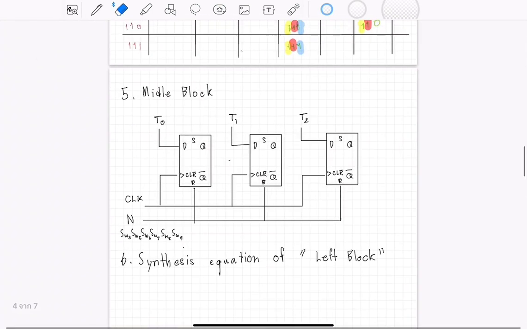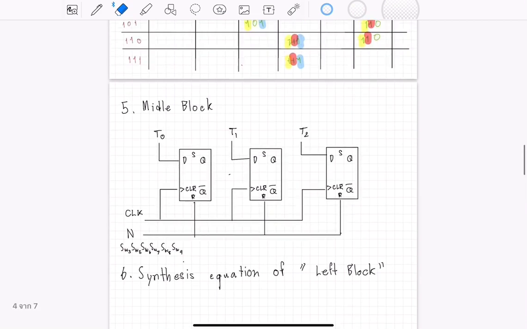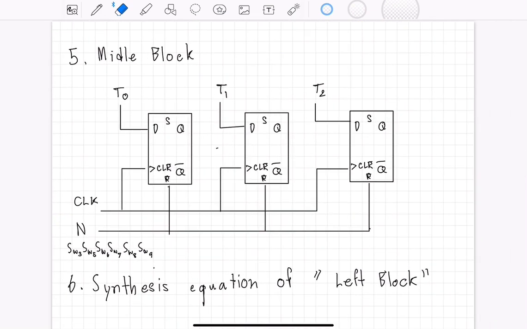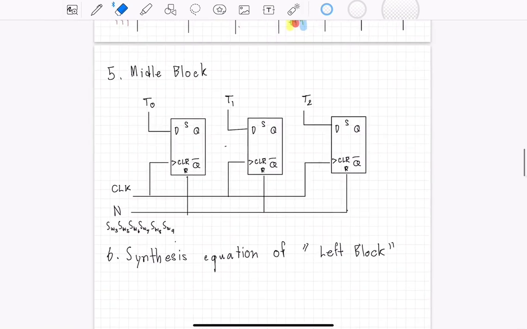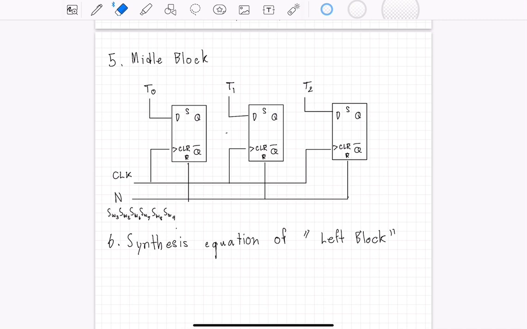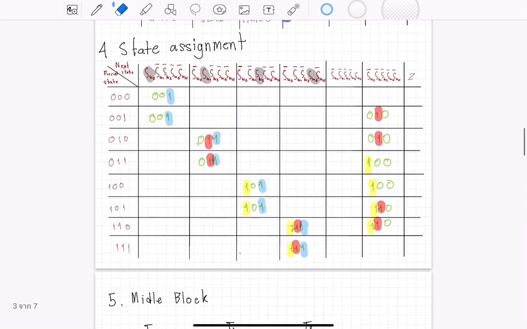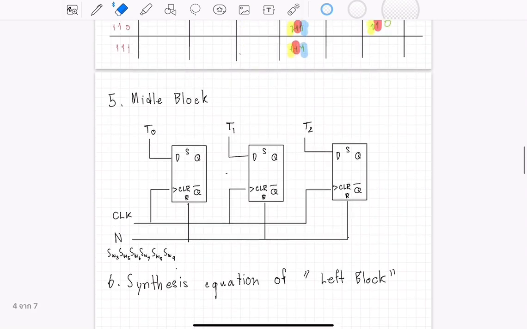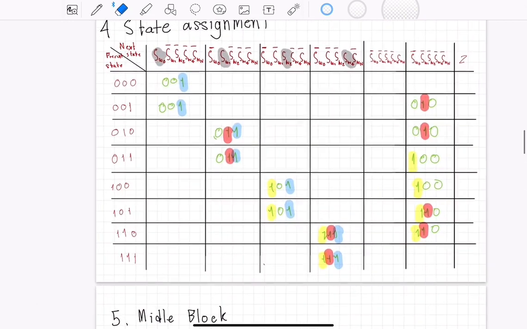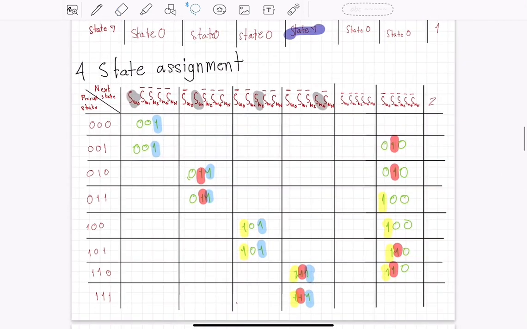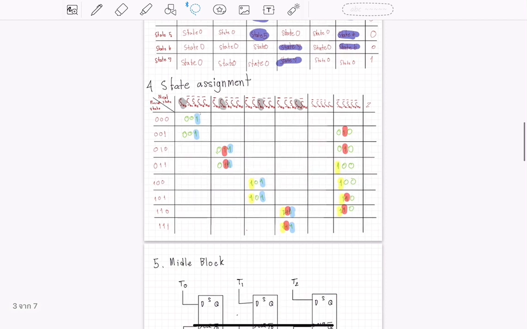Okay, go to the last question, synthesis. Go to the synthesis equation of flip flop for me. We look at the state assignment because we must make the state assignment to synthesize the equation of flip flop. You know that. I just look at T0.